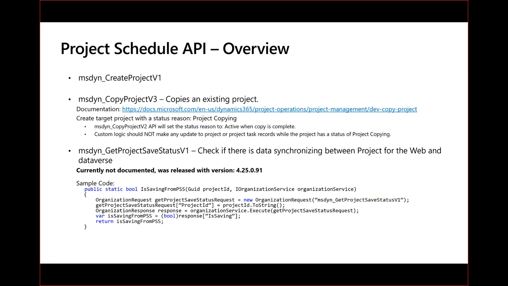What will happen is, as soon as you start copying, the target project will get a status reason of Project Copying. And as long as that status is Project Copying, you should not do any interaction. You should not have custom logic trying to do updates or modifications to projects or project tasks, because that would interfere with the copy functionality, and typically we will end up with projects which are not fully copied.